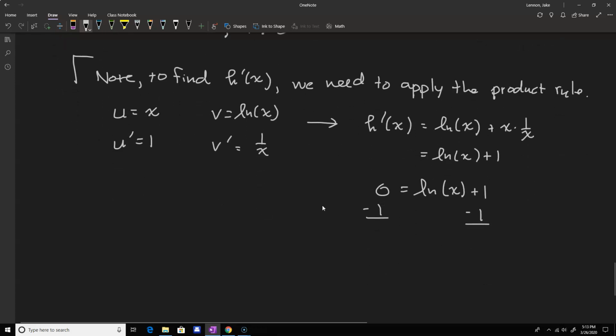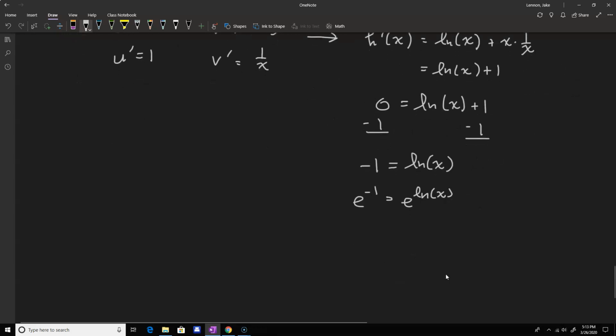So we have negative 1 equals the natural log of x. And then remember, to undo the natural log of x, you need to make both sides of the equation the exponent of e. So e to the natural log of x cancels out, and you just get x. On the other side, you get 1 over e, and 1 over e is 0.37 if you round to 2 spots.